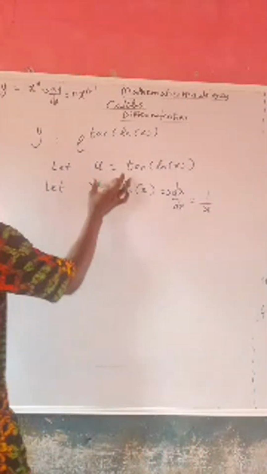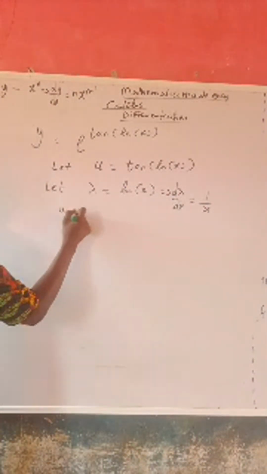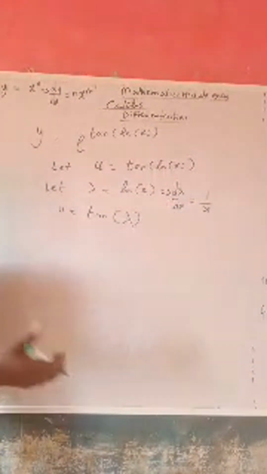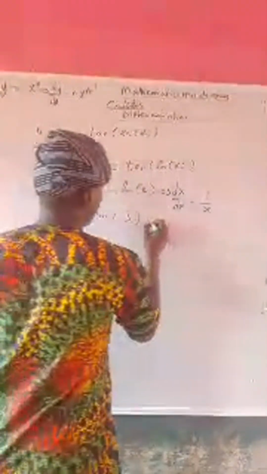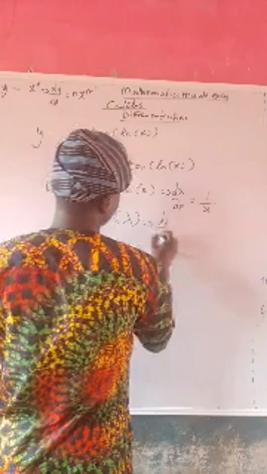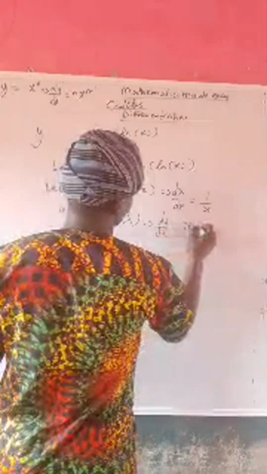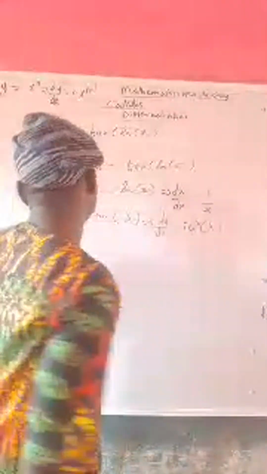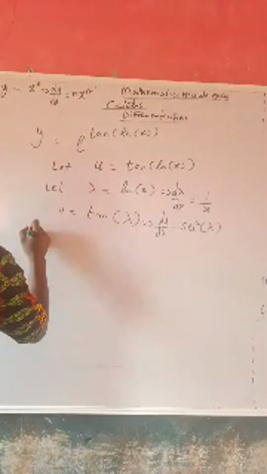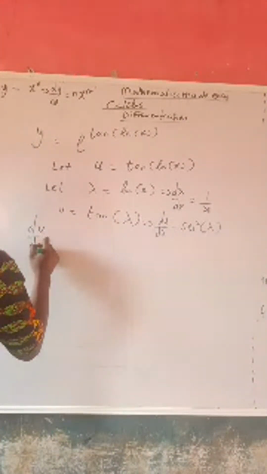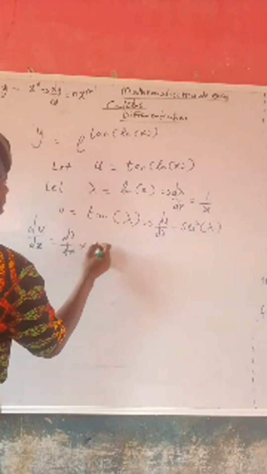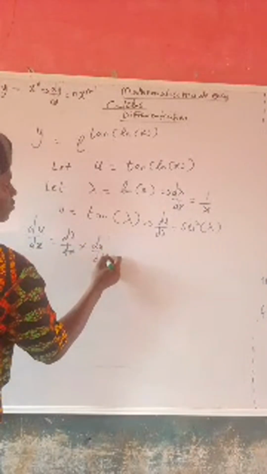Good. Then come back here, we have u equals tan lambda. Don't forget, natural log of x is now lambda. Then differentiate this with respect to lambda. So du over d lambda equals sec squared lambda. Beautiful or not? So we're going to find du dx. Du dx is equal to d lambda dx multiplied by du d lambda.